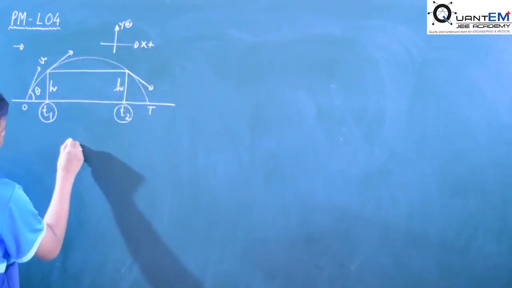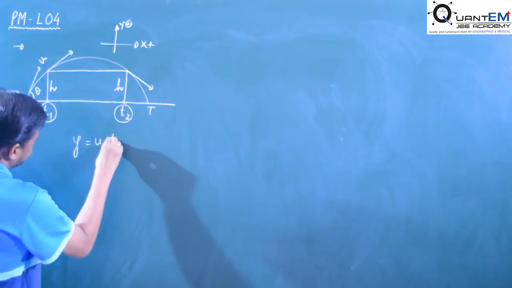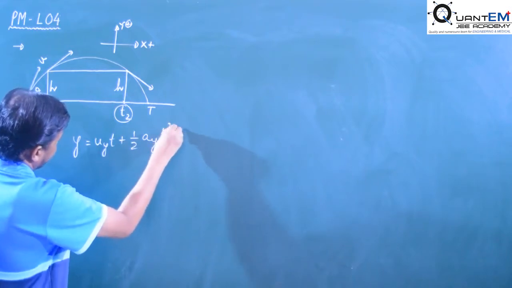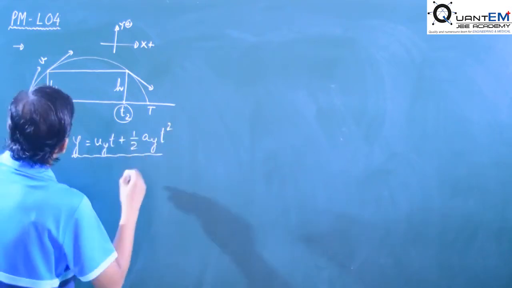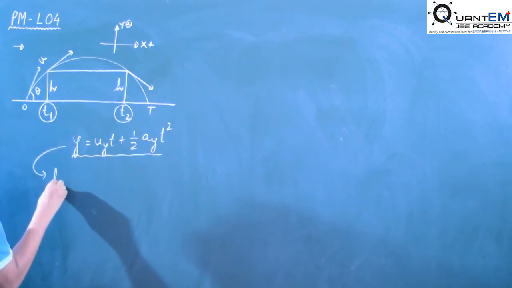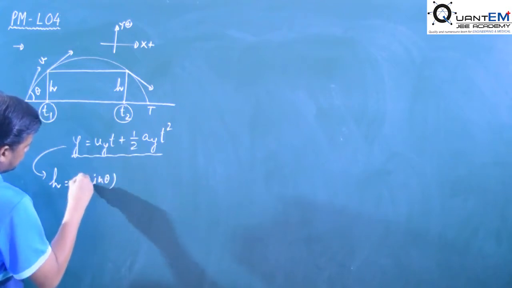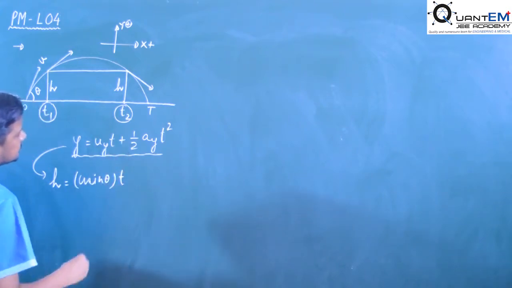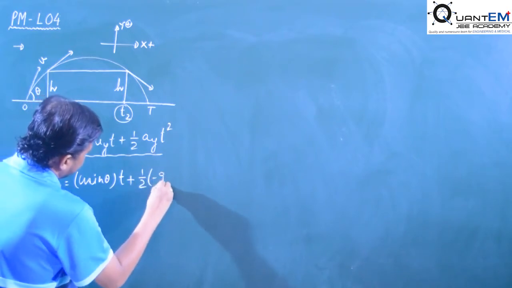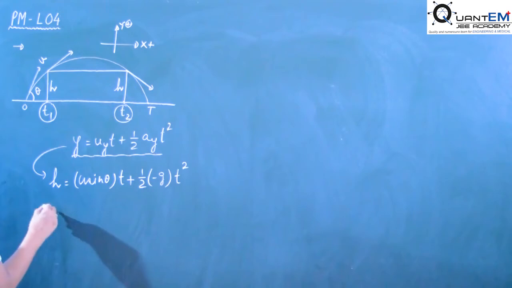So we come to the y coordinate formula. y is equal to uyt plus half ayt square. Okay, so in place of y we have h. Uy we have u sin theta, into t, plus half. Ay we have minus g into t square.